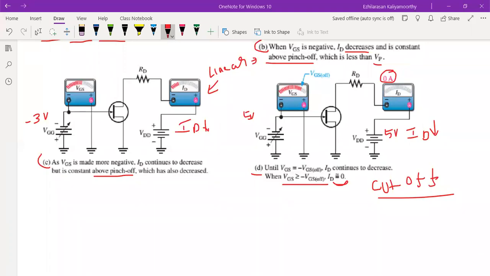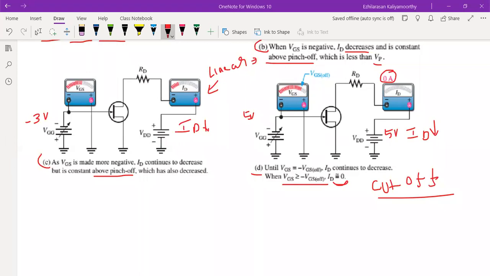One more important thing is that the more negative VGS is for an N-channel JFET, the smaller the drain current in the active region. If the gate source voltage has a negative value that is large enough, then the drain current will decrease to 0. So this cutoff effect is caused by widening the depletion region to a point where the channel is completely closed.